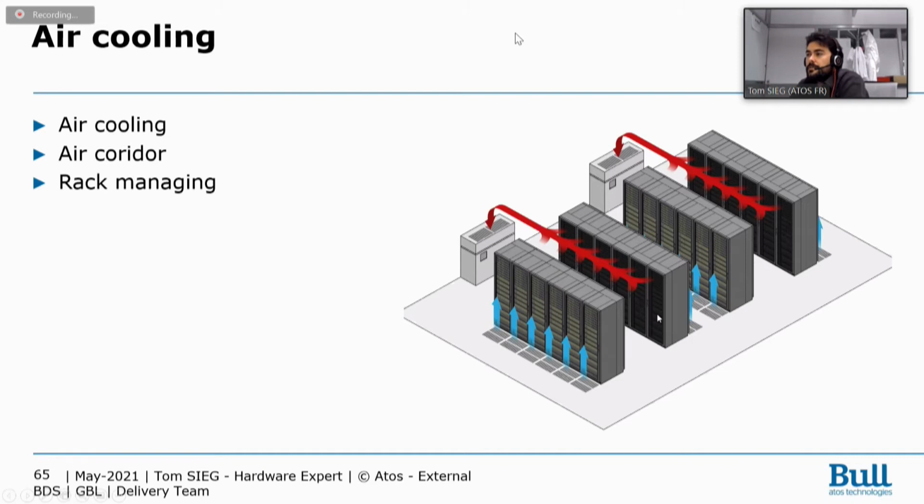The best way is, of course, to optimize your data center to have air corridors, to have cold racks and hot racks. Of course, if you have only one, two, or three racks, it's not really useful, but it's always a good practice, not only to optimize your system and the feeding of the data center, but also to optimize the cost.